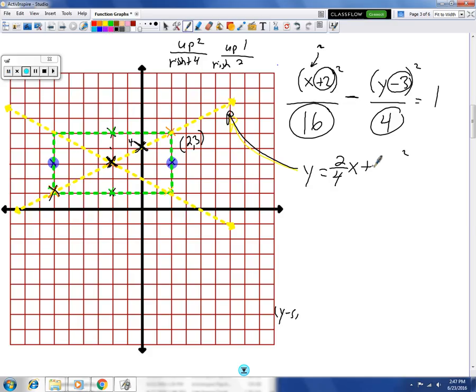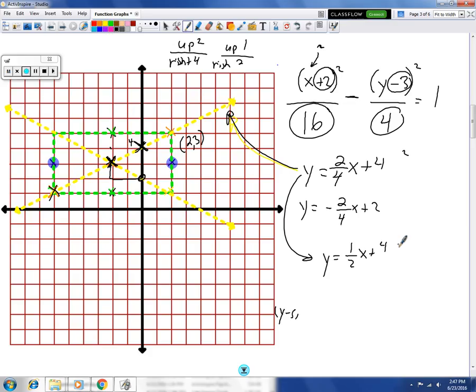I see my y-intercept is 1, 2, 3, 4. So plus 4. And my other one I know is going to be the same thing. The y-intercept is not the same, so this time I go down 1 and right 2. So for this one, y-intercept is 2. And of course you wouldn't turn in a paper to somebody with 2 over 4. You say, well, that's 1/2 x plus 4.